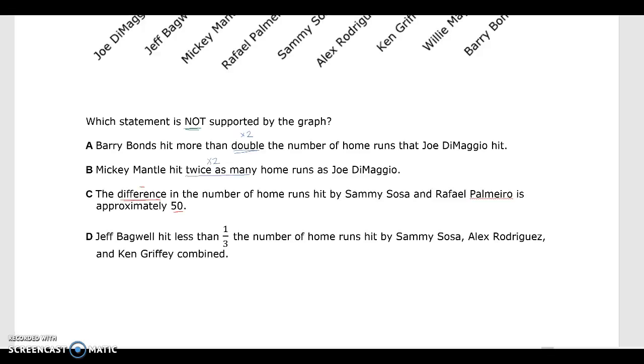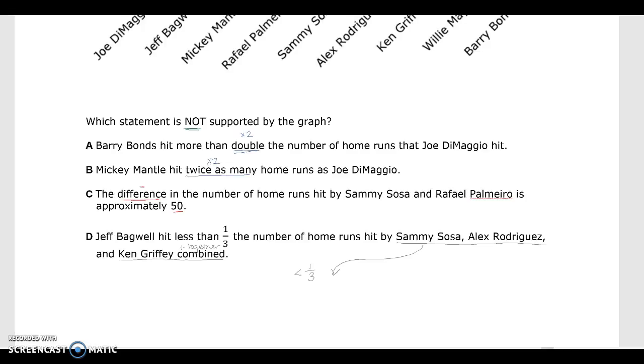And then Jeff Bagwell hit less than 1/3 of the home runs of Sammy Sosa. Okay, so Sammy Sosa, Alex Rodriguez, and them combined. So combined means all together. Add them together, right?